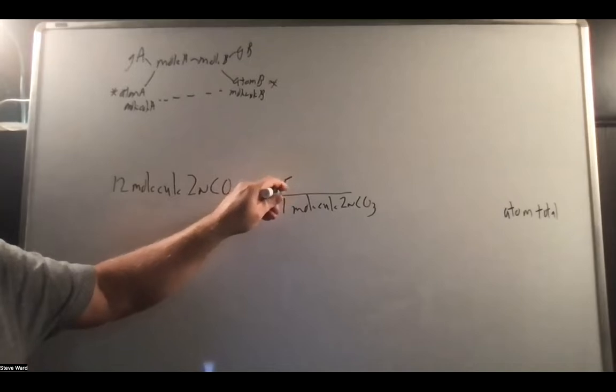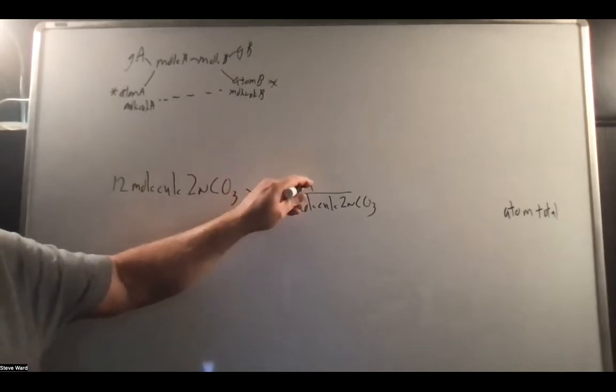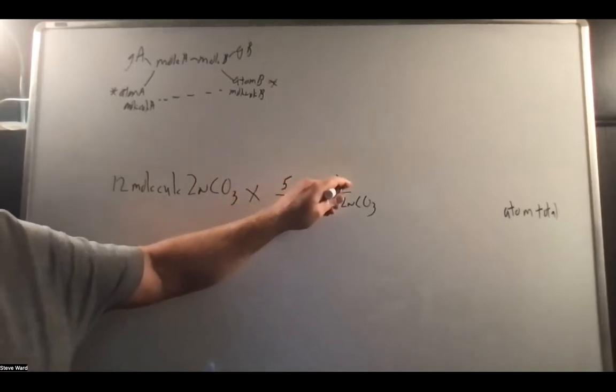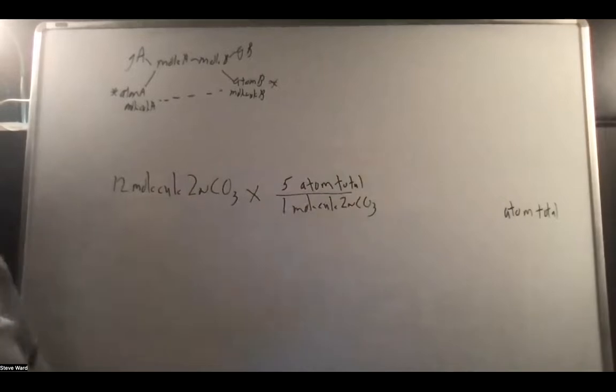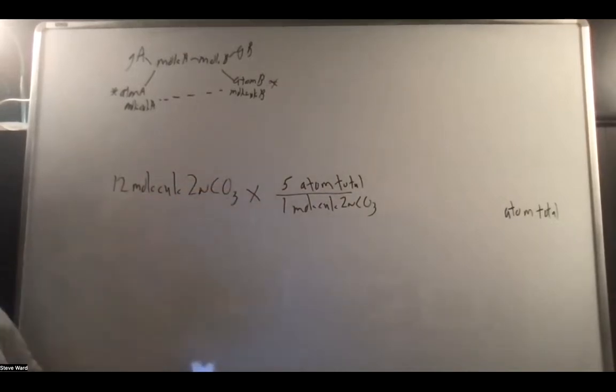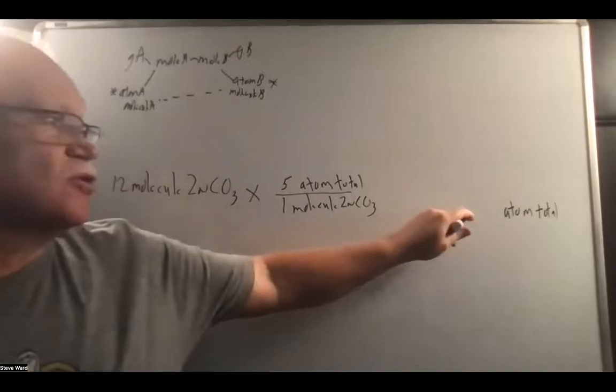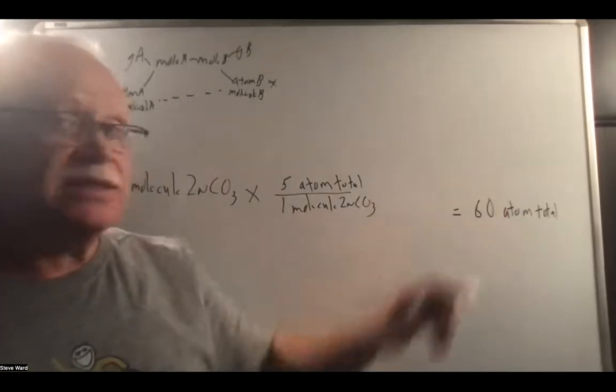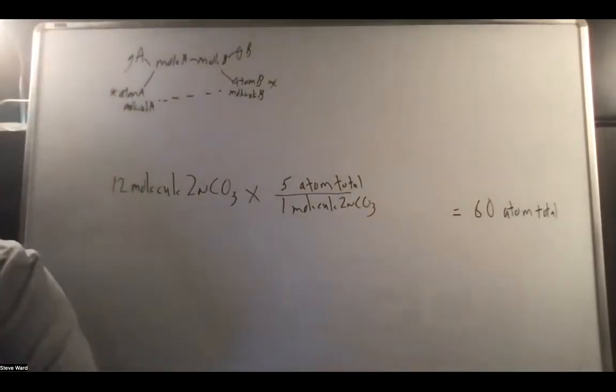So notice there are 5 atoms total per 1 molecule. There's 1 zinc, 1 carbon, and 3 oxygens. And notice the answer is very easily determined to give you 60. Very, very straightforward concept.